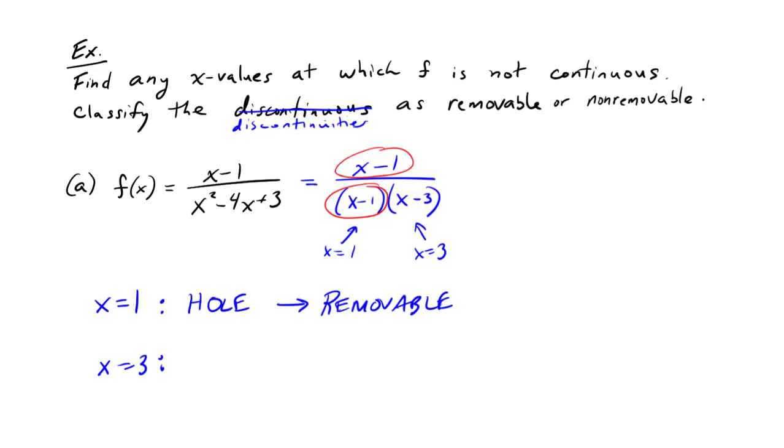For x equals 3, what I'm seeing is a place where the denominator is 0 and the numerator is not. That's a vertical asymptote, and the limit doesn't exist at the vertical asymptote. This is non-removable.